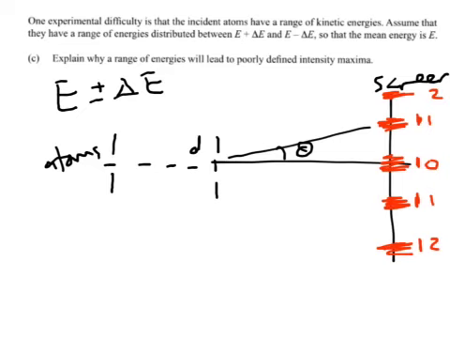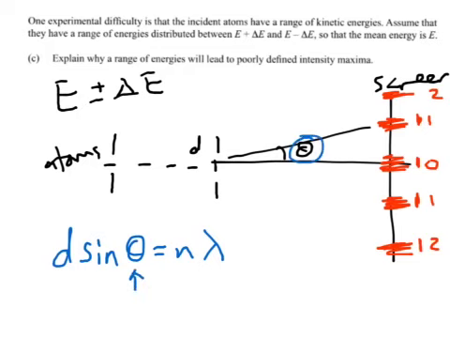A really good place to start is the equation we were originally given, d sine theta equals n lambda, because this is the expression for the intensity maxima and helps us locate them based on the angle of diffraction.